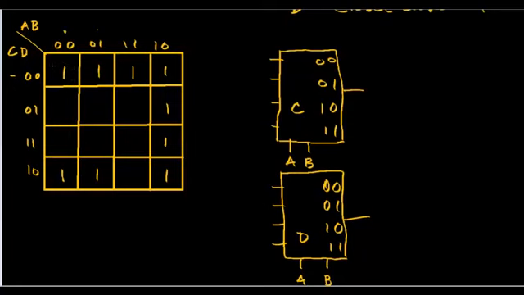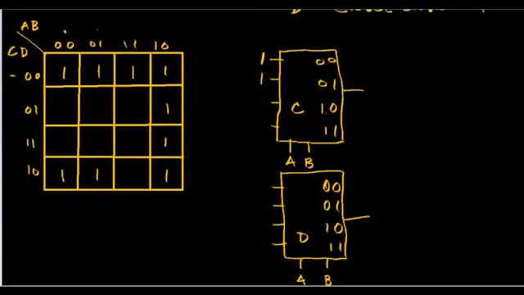Okay, so first, when A and B are 0, 0, what values can C take on? Well, for this to be true, we have here and here C is equal to 0, and down here C is equal to 1. So it doesn't matter. C works for either one of those, so we'll put a 1 there. Then we come to 0, 1, and it looks the exact same way. C could either be 0 or 1, so we'll put a 1 there.